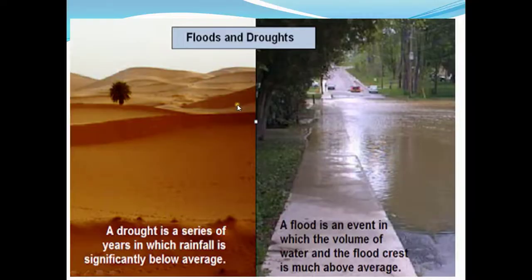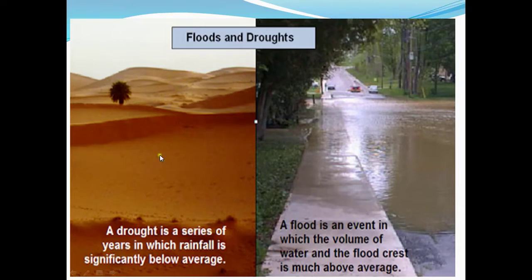So let's see about the droughts and floods. Droughts and floods are exactly the opposite terms of each other. A drought is a series of years in which rainfall is significantly below the average.